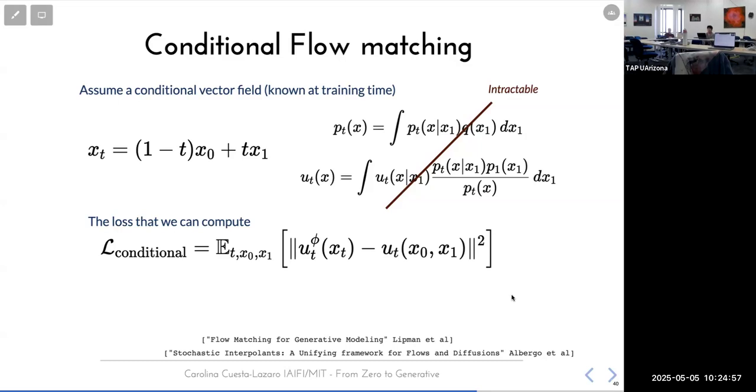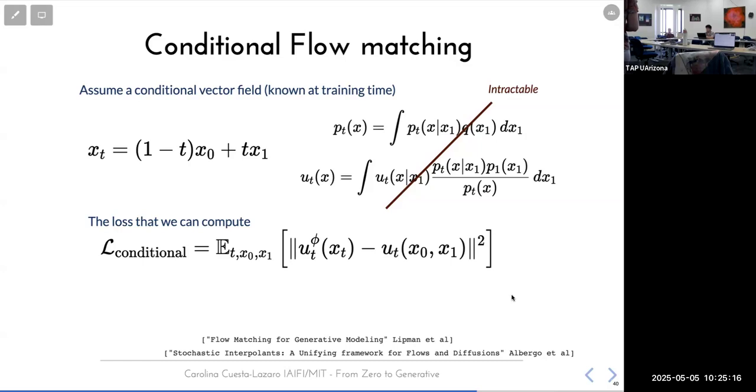This is the mean square error compared to the actual velocity. Now the actual velocity is very simple because I assume a linear interpolation. So it's actually just going to be X1 minus X0, right? That's very simple. I could assume something else, that's fine. You just have to take the derivative to get the velocity.